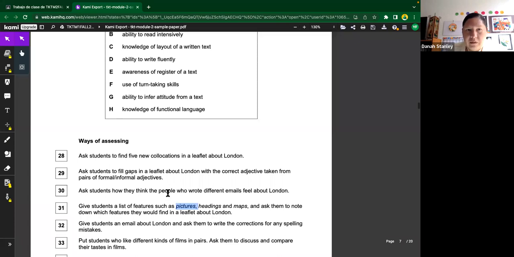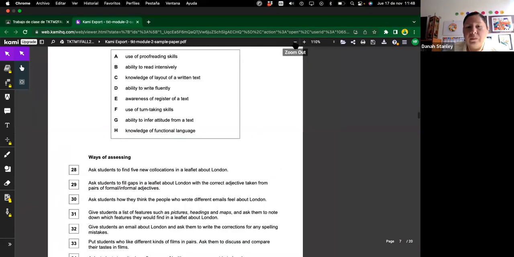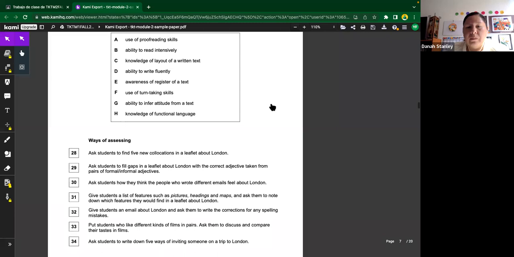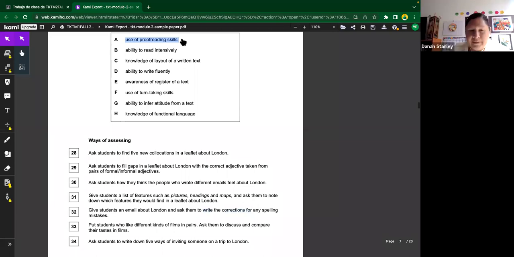What they are doing: if the students write the corrections for spelling mistakes, they are proofreading. They are identifying the mistakes.